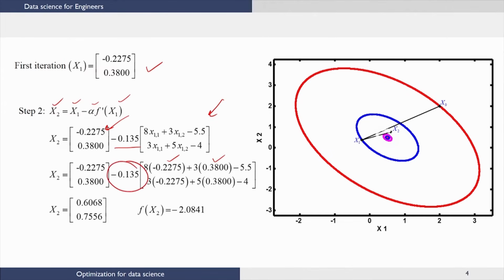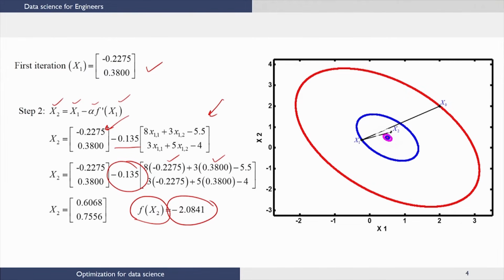In this case the learning rate remains constant, but there are more sophisticated algorithms where you could actually optimize the size of this learning parameter as we go along in the algorithm. Nonetheless, the ideas are pretty much the same, only that this number will keep changing iteration to iteration. Now we get a new value x 2, and notice that this new value of x 2, when substituted into this function, f of x 2, gives you an even smaller objective function value.